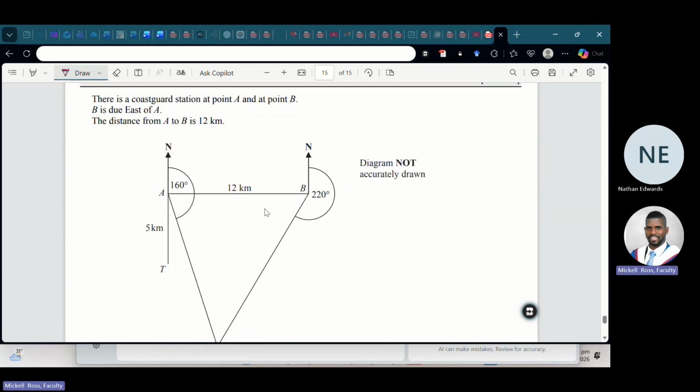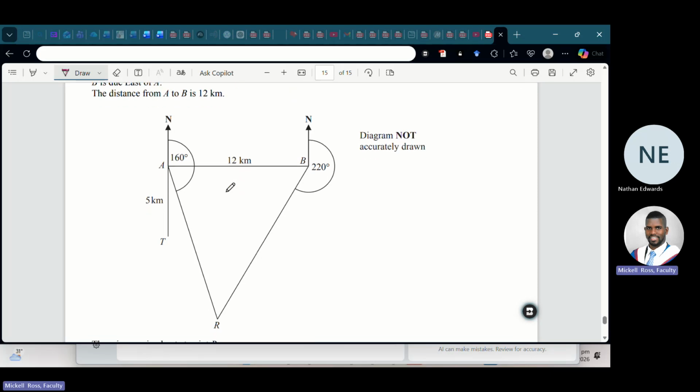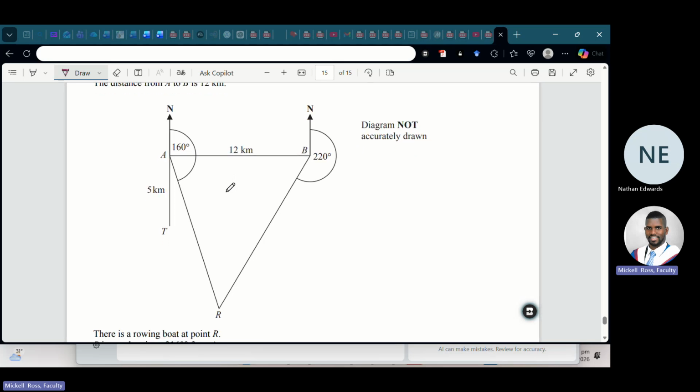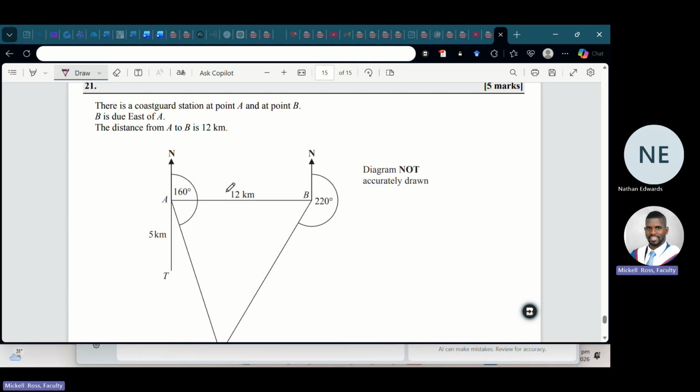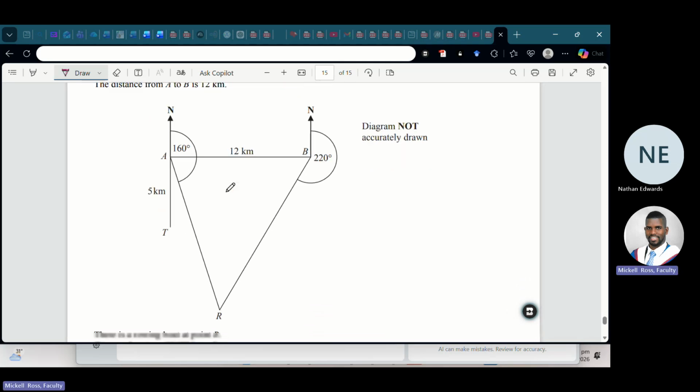Number 21, it says there is a Coast Guard station at point A, and point B is due east of A. So if it is due east of A, then that's on a bearing of 90 degrees. The distance from A to B is 12 kilometers.